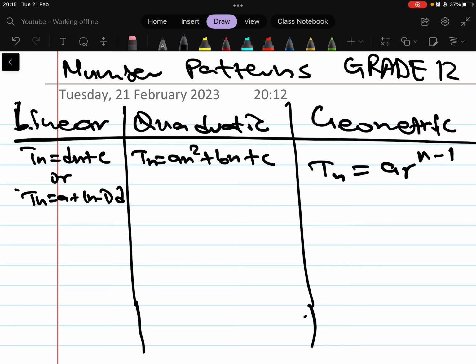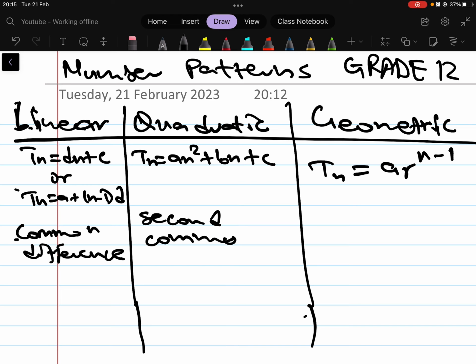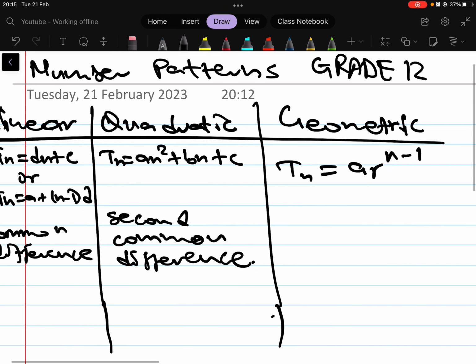And one thing that we need to look at is that in linear, we have a common difference. And then in quadratic number patterns, we have a second common difference. And then for geometric number patterns, we have a common ratio.